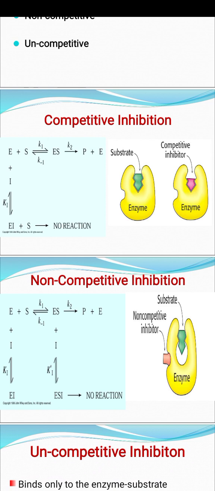Is that clear? These effects are not reversed by increasing the substrate concentration. In non-competitive inhibition, the inhibitor yields inactive forms EI and ESI, the enzyme-inhibitor and enzyme-substrate-inhibitor complexes. Right.